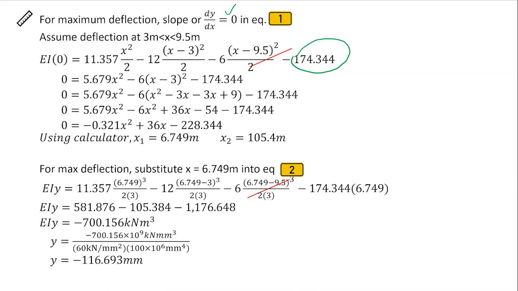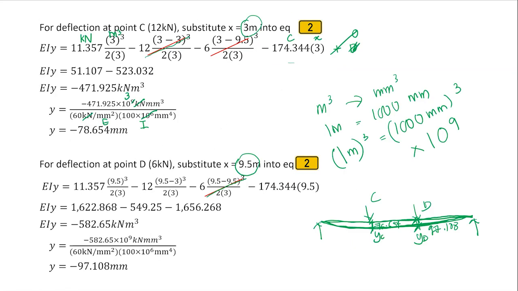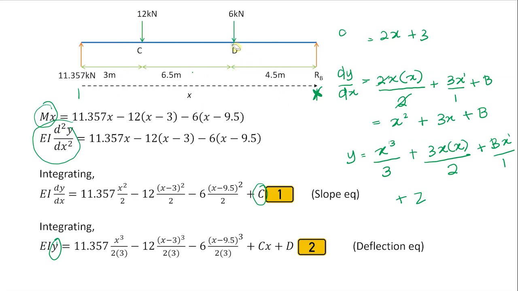At the same time, you need to know which one you want to cancel. If you see here, I cancel this one. Why do I cancel that one? Because if you look at your diagram, the beam itself here, you can estimate where the maximum deflection occurs.